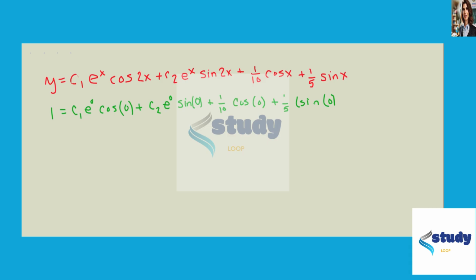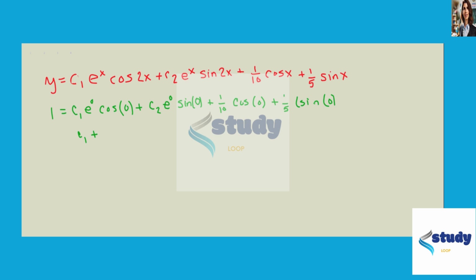E to the 0 is 1, cosine of 0 is 1, so I have C1.